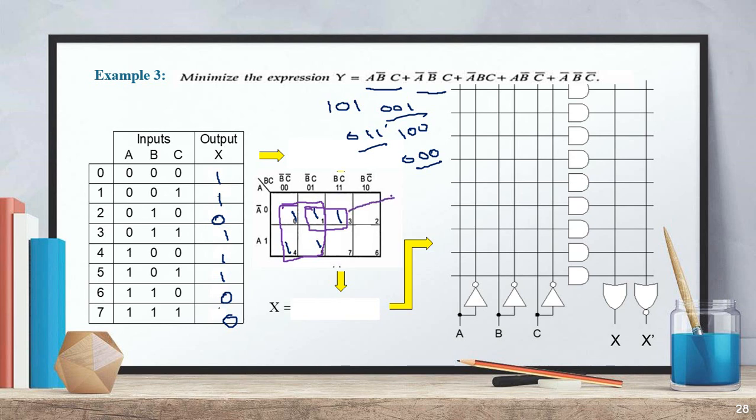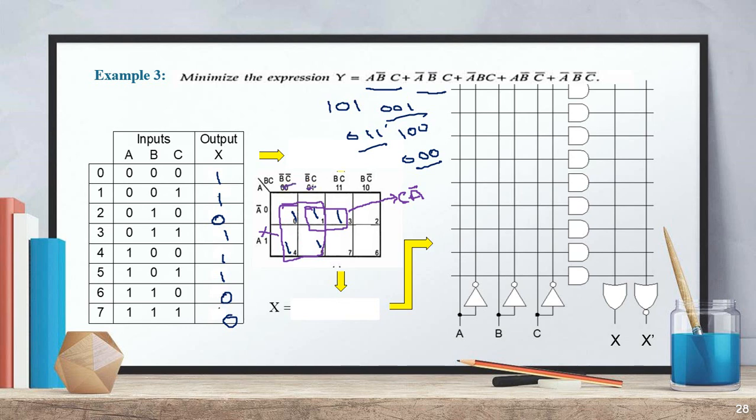From this we have the equation something like, here it is BC and it is B bar C. So C is common, B is cancelled, so take C. In this A bar is common, so we can call it C A bar or A bar C. In this fourth term, A and A bar get cancelled, and B bar is common.